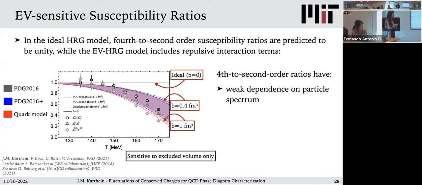And I'm just reminding you that if you have the ideal HRG model, then you have no hardcore radius, so that's equal to 0, and that's the farthest away from 1, way down here. If we use something like 0.4 for b, then we have a good description of the, let's say, lower temperature states. And as you move up in temperature, the temperature dependence of the pressure starts to become more relevant, and you see this band kind of shape.